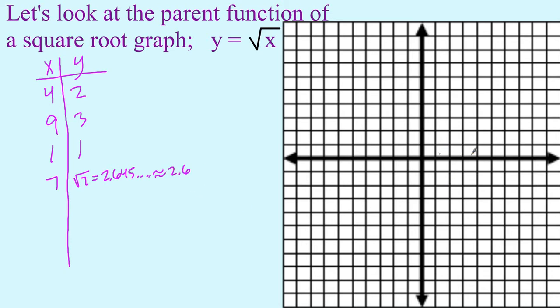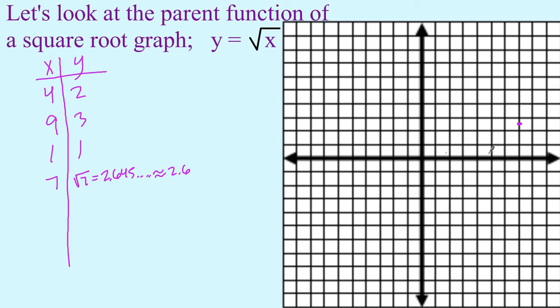So when I go to graph it, I go to 7, so 1, 2, 3, 4, 5, 6, 7. And then I go up past 2, almost like right above 2.5, so above halfway. Now look, can you really tell the difference if I did 0.5, 0.6, or 0.7? No. It's close enough. When you're graphing, you can do things like that. It's hard to eyeball it.